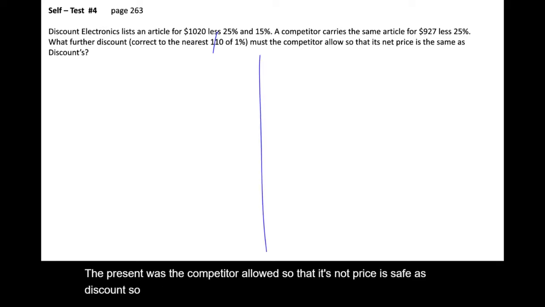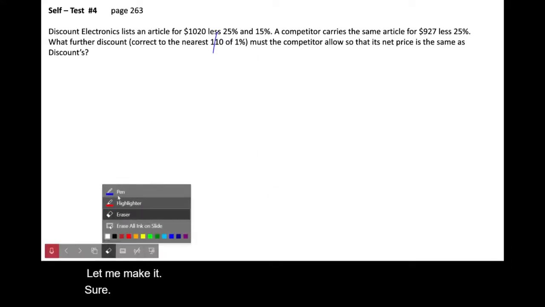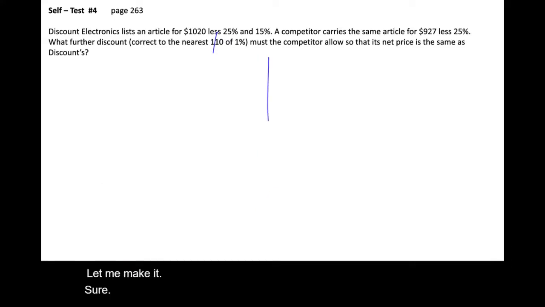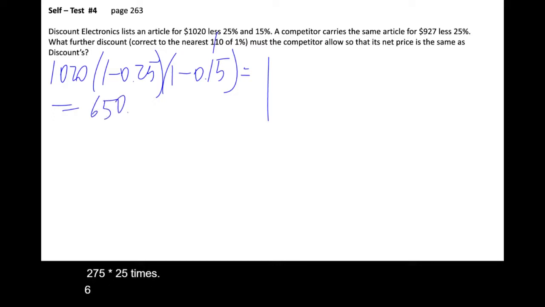So what I have, actually, let me make it shorter. I have 10.20, 1 minus 0.25, 1 minus 0.15. So 0.75 times 0.85 times 10.20 is 650.25.